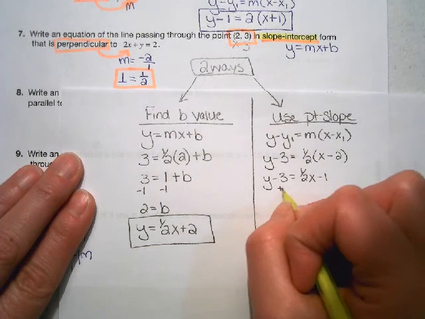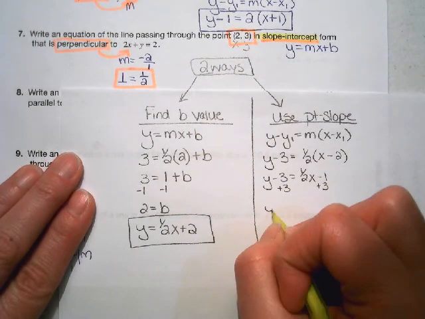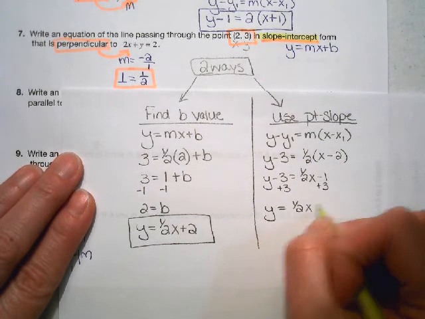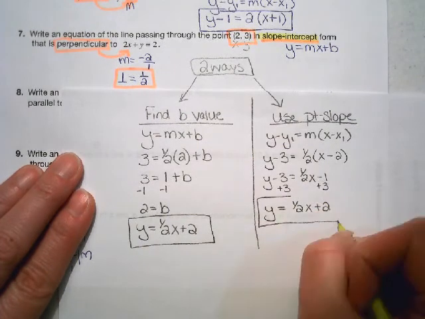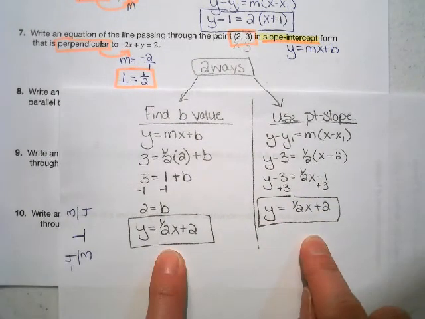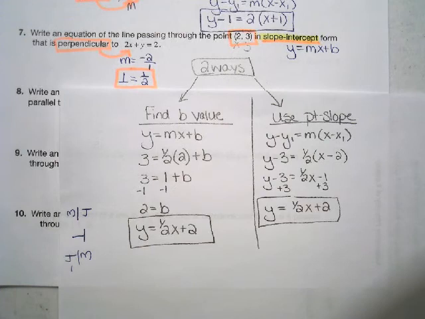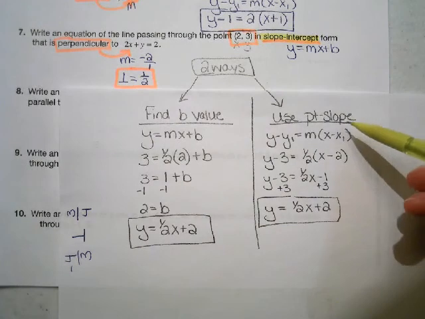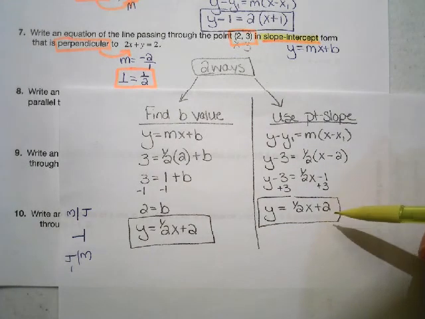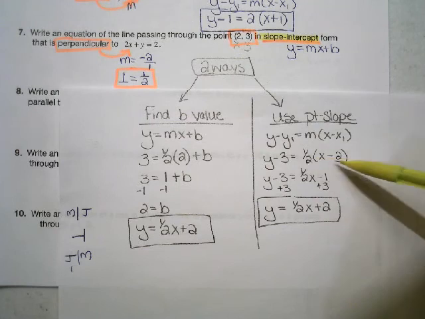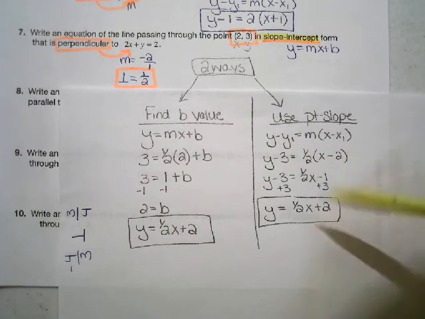Now you're going to use the distributive property. So it's half times x, half times a negative 2, and you're going to add the 3. Exactly the same answer.